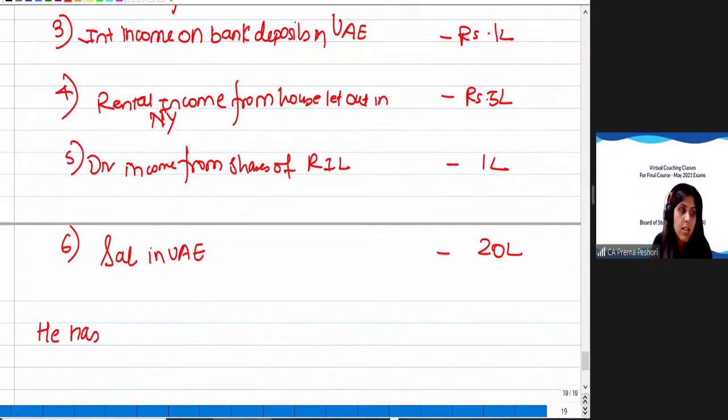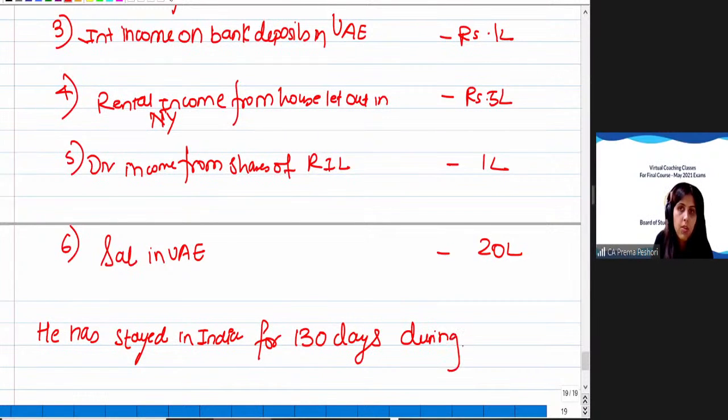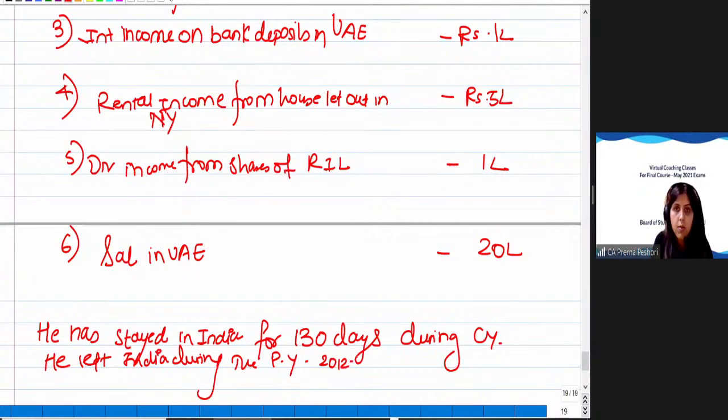He has stayed in India for 130 days during the current year. He left India during the previous year 2012-13 with his family to settle in UAE.